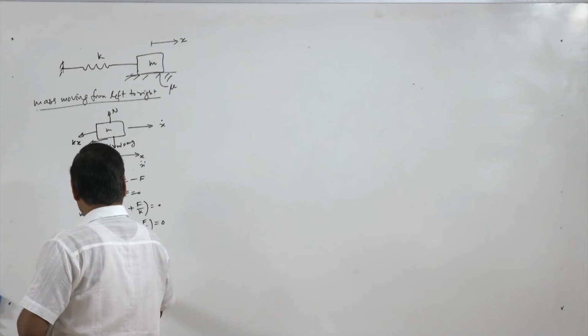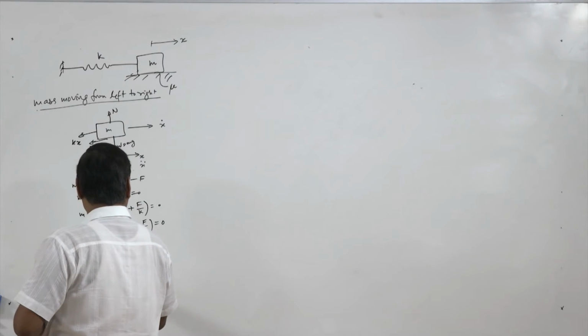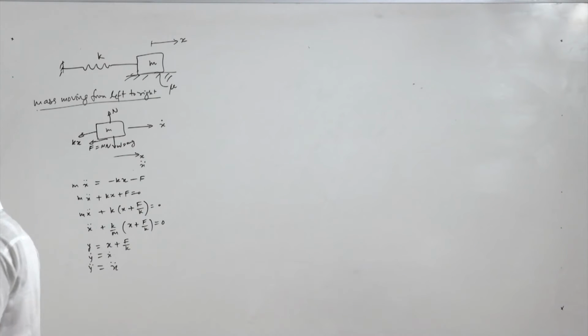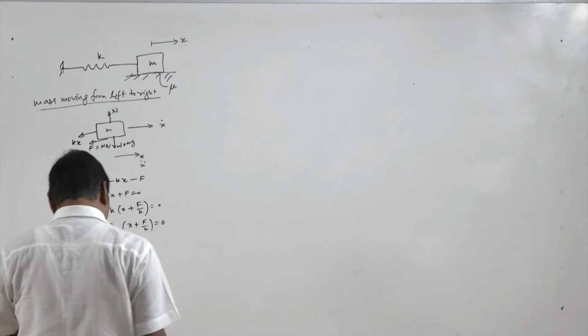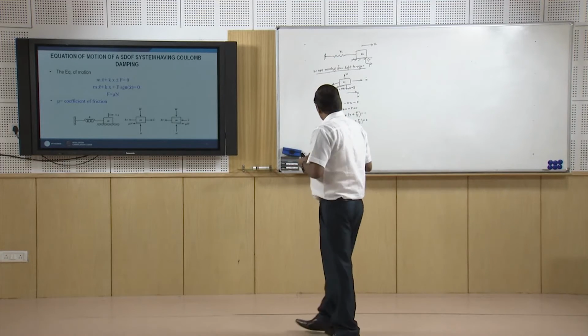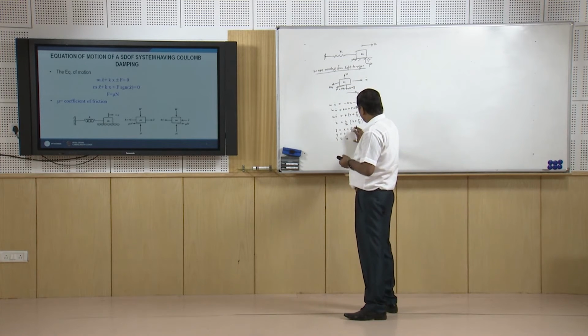Now we assume another coordinate y equal to x plus F by k. So y dot equal to x dot and y double dot equal to x double dot. Now we put these terms here and change the coordinate.